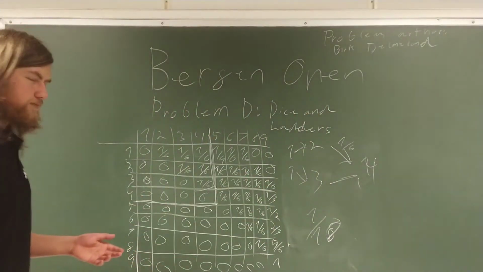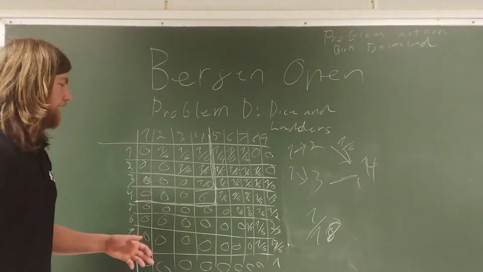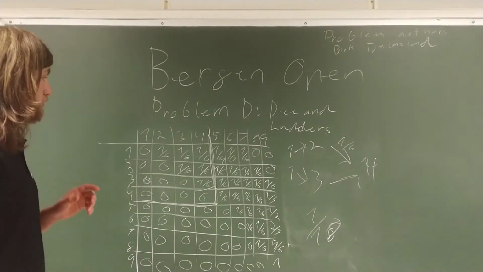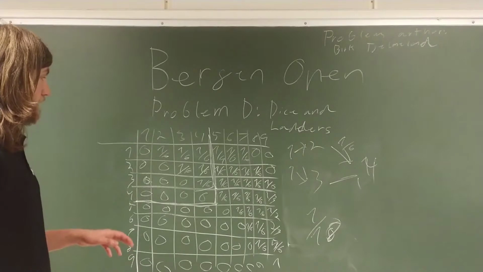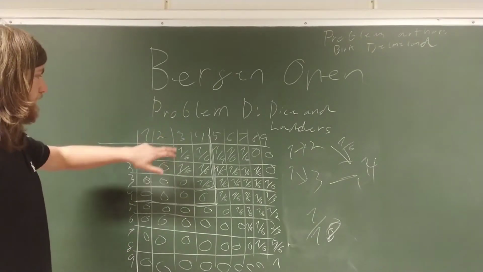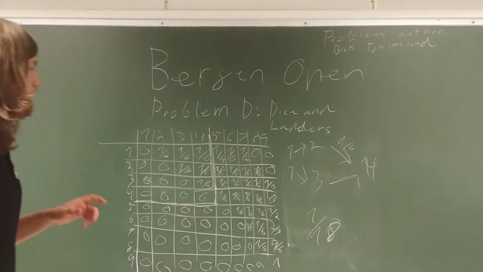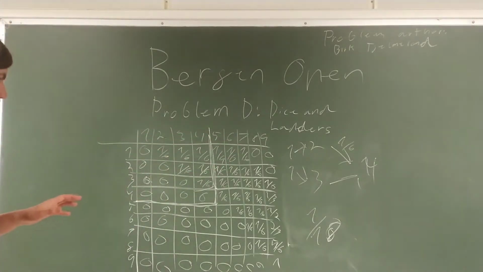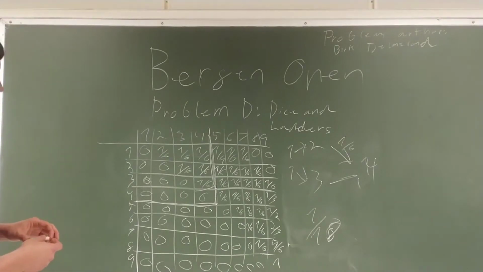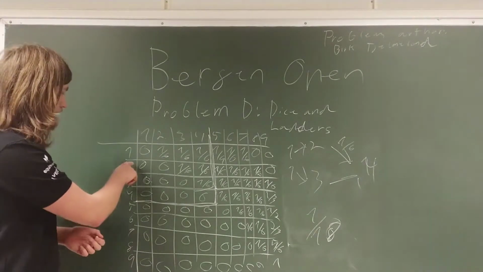And so, what if we have our ladders? In the sample input, we had a ladder from 2 to 3 and from 4 to 7. What we simply do in that case is look up the position.